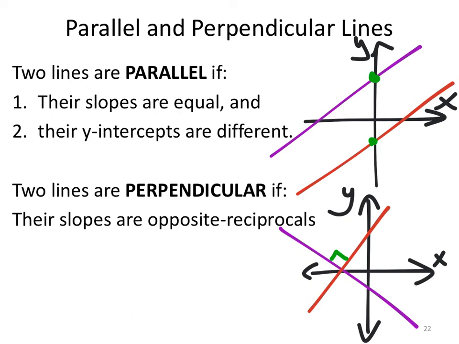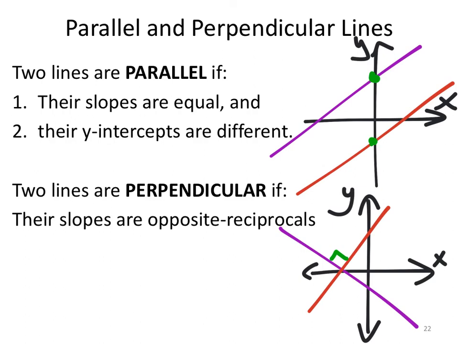The slopes on these ones, okay? In order to make lines perpendicular, and again, we're just looking at the slopes, you're going to take the opposite reciprocal of the slope of one line to find its perpendicular slope, okay? The y-intercepts don't matter with perpendicularity.